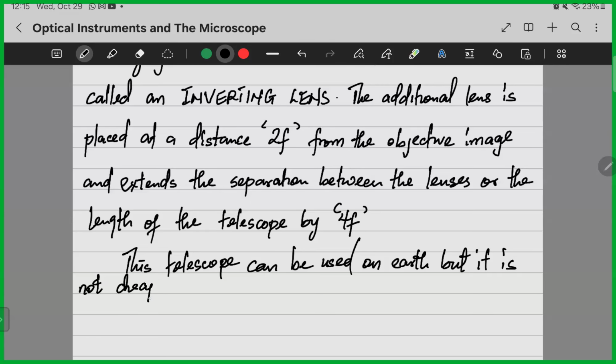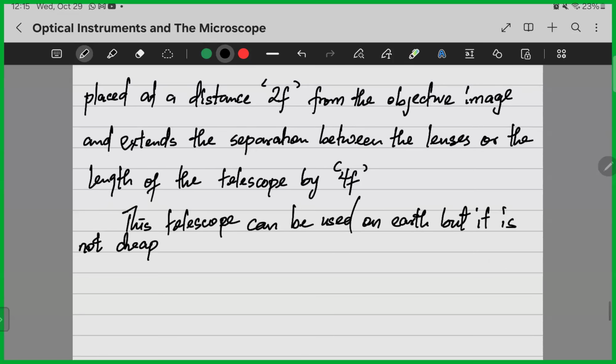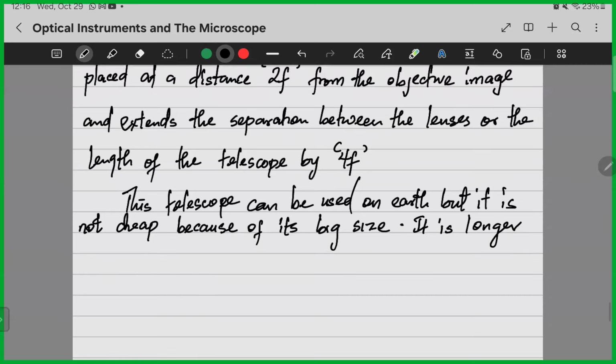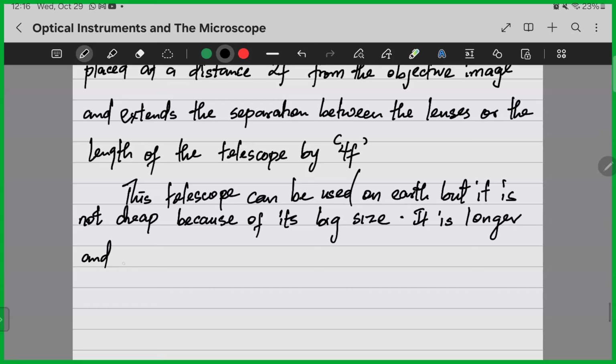It is not cheap because of its big size. It is longer and heavier than most optical instruments. Take note of that.